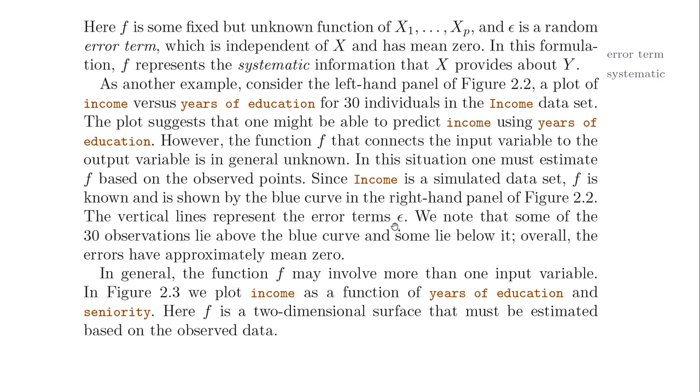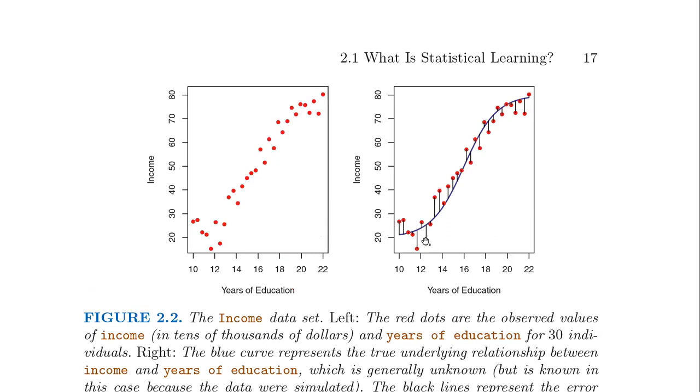So really, epsilon is this simulation. Without epsilon, each observation would have been on this curve. Epsilon is adding the variability, the noise to the simulated data points.